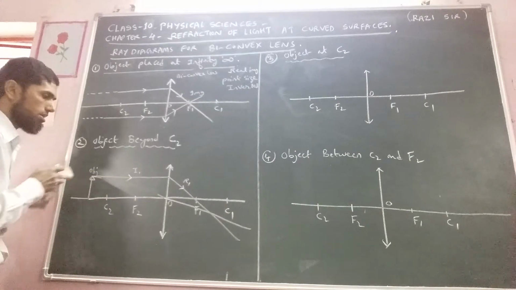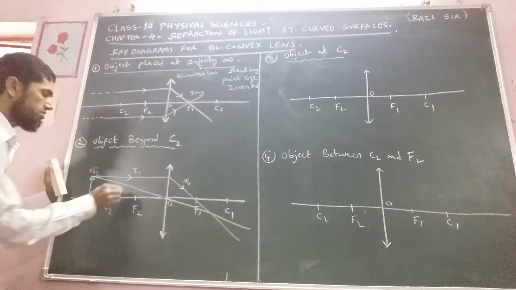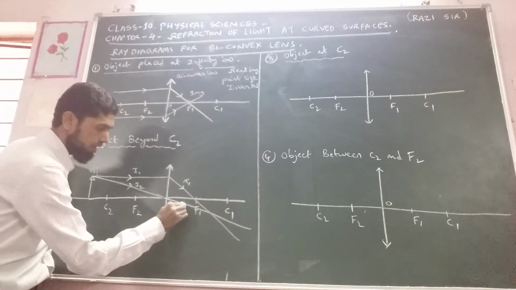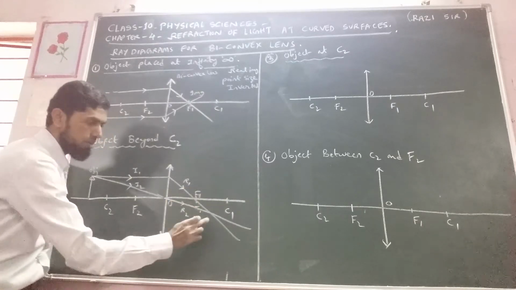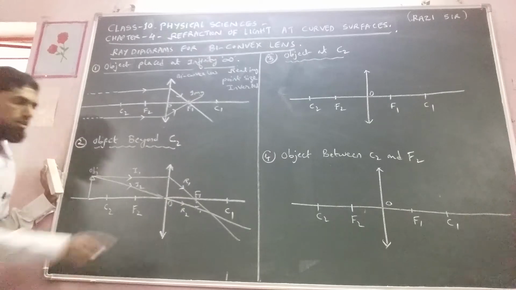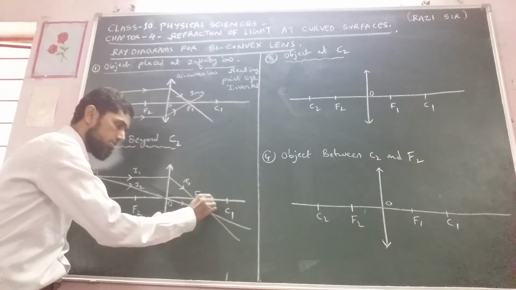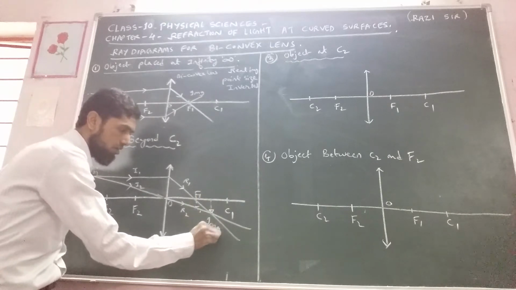We get the image in between F1 and C1. Incident ray 2 and we have the refracted ray 2. They are going to intersect at a point between F1 and C1. To get the height of the image, just drop the perpendicular. Here we get the image.